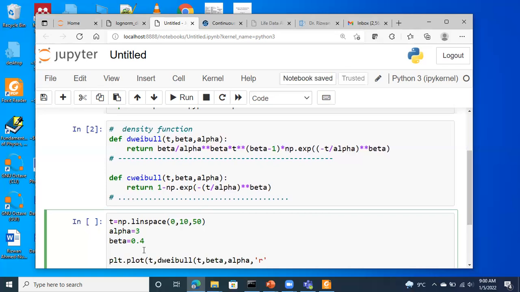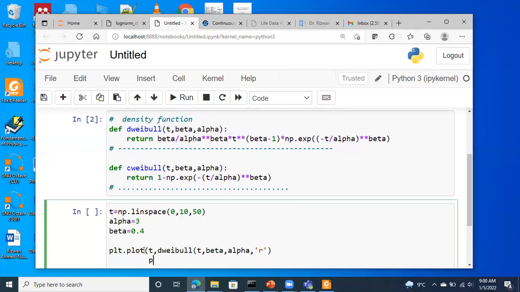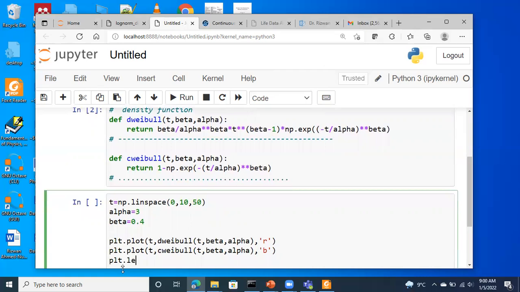with a red line. And on the same graph, so this is the function, and then the attribute red line, and on a similar plot, I plot C Weibull t, beta and alpha, right? And plot it as a blue line, right? I should give legends to the plot.